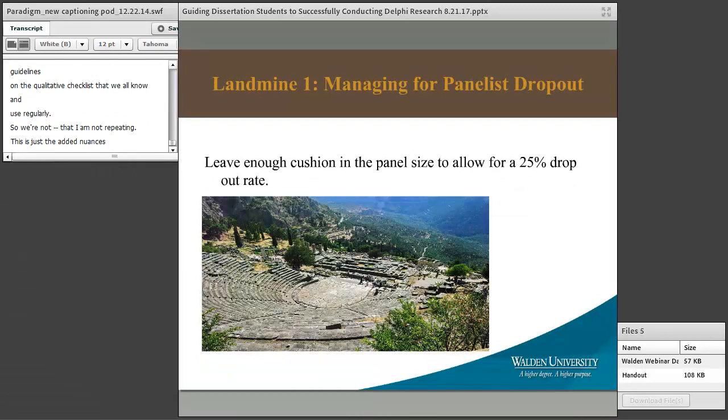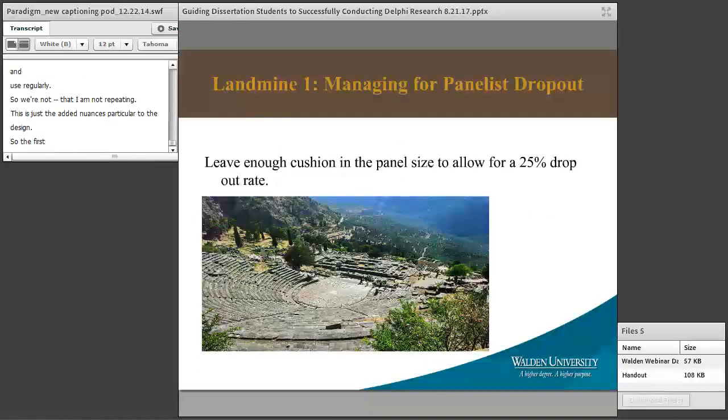The first landmine: managing for panelist dropout. Based on experience, leave enough cushion in panel size to allow for a 25% dropout rate. A lot of people will sign on to a Delphi study because they want to see what your instrument is. They have no intent of actually participating. So you may see your greatest fallout between the number of people who register to be in and those who get round one and then you don't hear from them again.